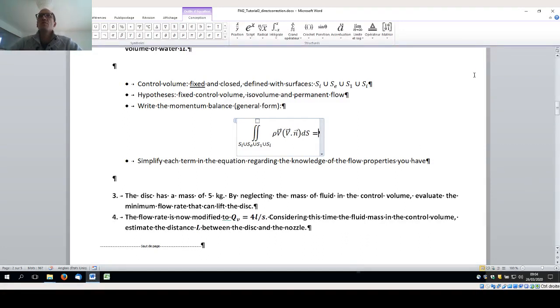This left hand part is equal to the integral corresponding to all external forces applied on our volume.